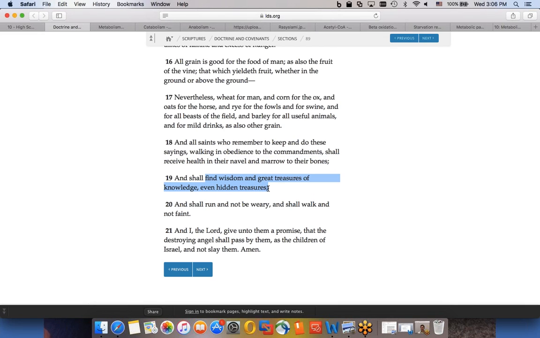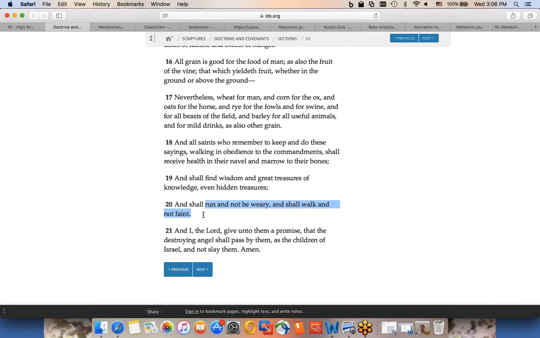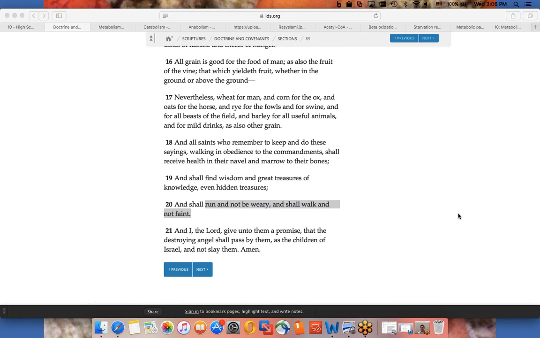So if we keep the word of wisdom, it will also help us with our mind, and our body, which says, and shall run and not be weary, and shall walk and not faint. So in that scripture it says that it also helps our physical body.